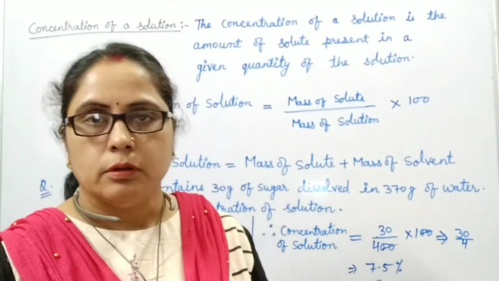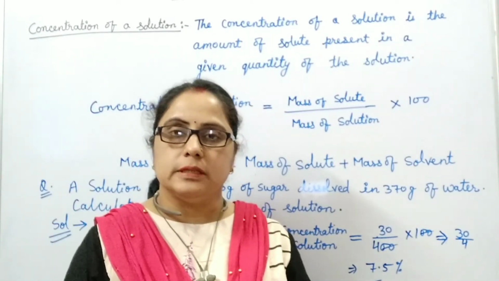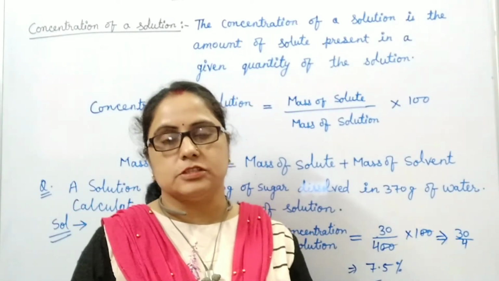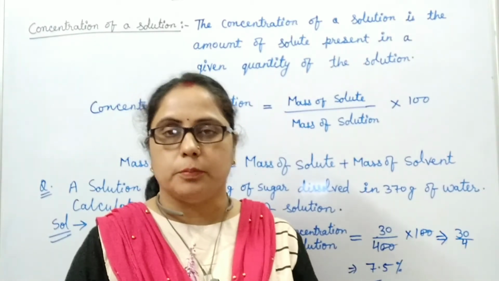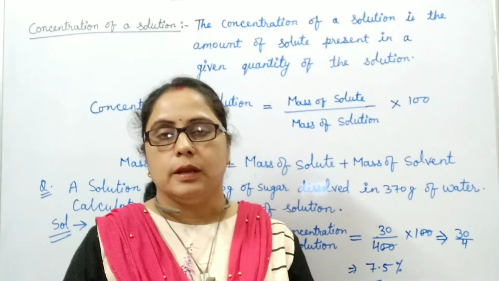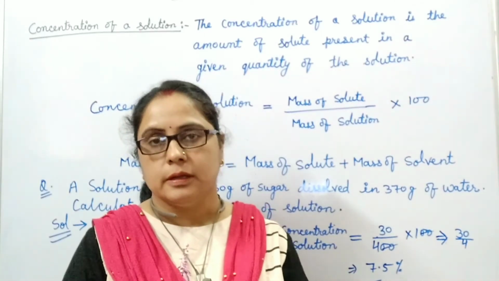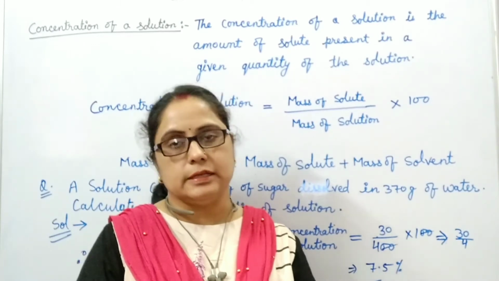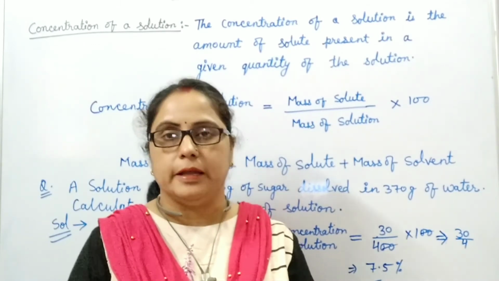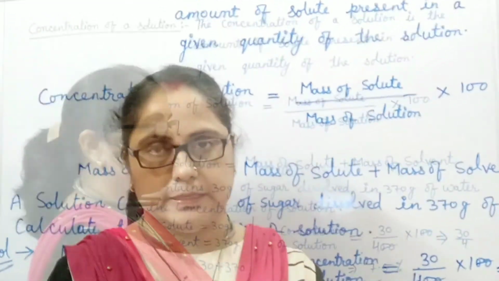I told you we can represent it by using the percentage of mass or percentage of volume. If the solute is liquid dissolved in a liquid solution, then we use the concentration of solution by using volume and we can find out its percentage.